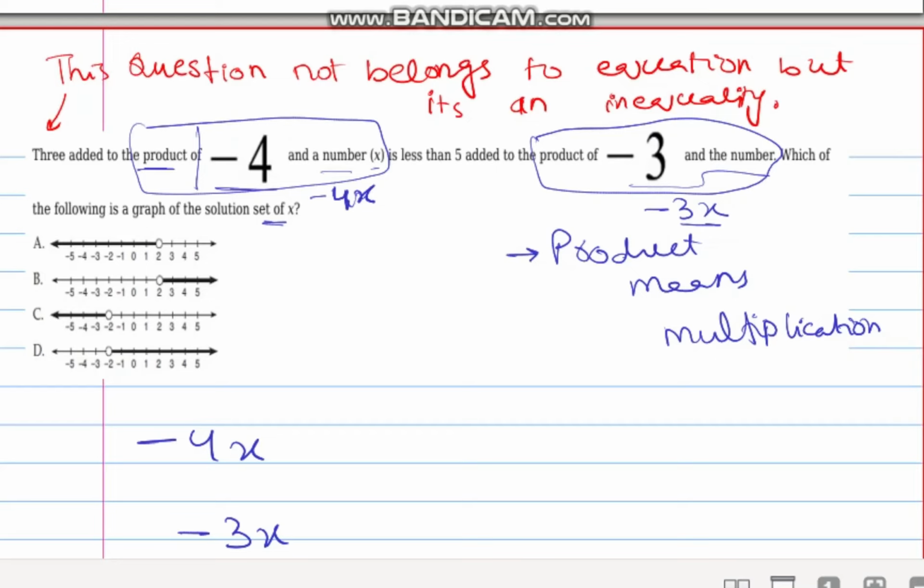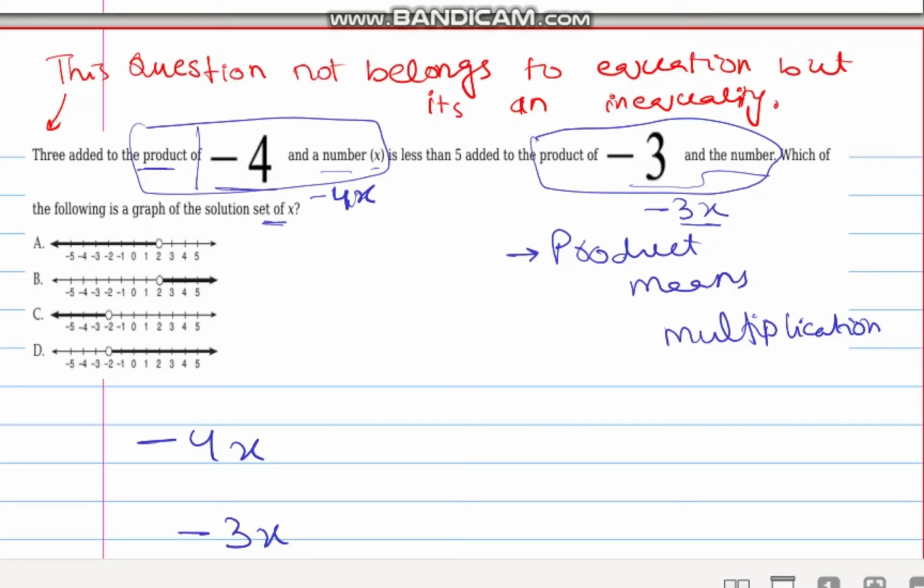Secondly, those questions are very easy basically, but the main thing is the production of the equation. If you can make the equation from this question, then you can solve this question very easily.